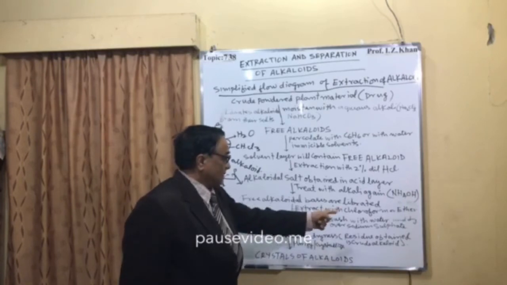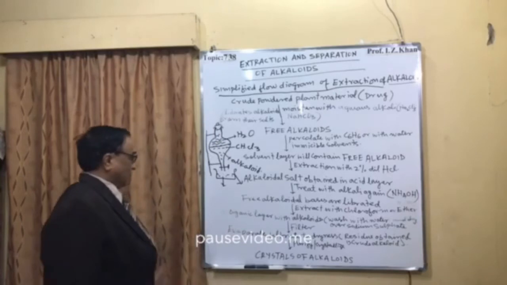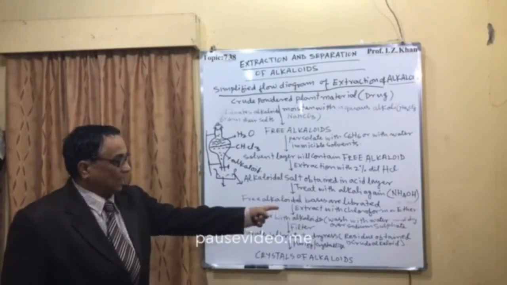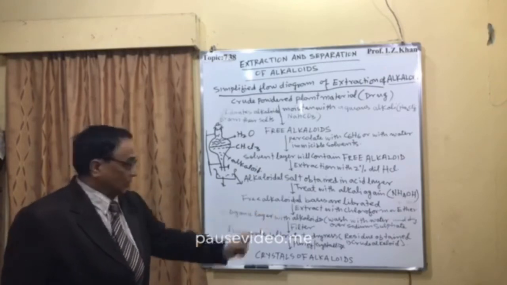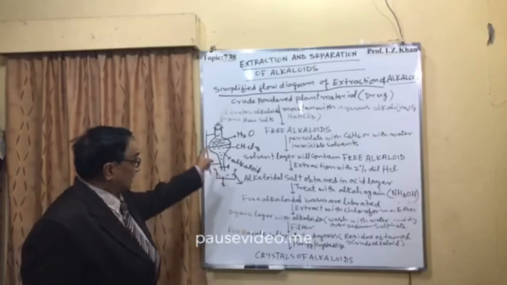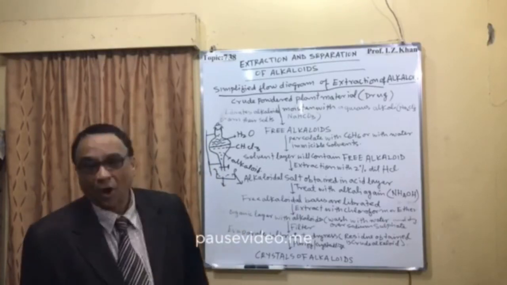Wash with water, dry over sodium sulfate, filter, and evaporate the filtrate to dryness. The residue obtained is crude alkaloid. Purify and crystallize, and after that purification, your crystals of alkaloid will be obtained.